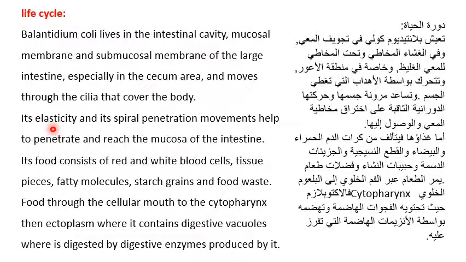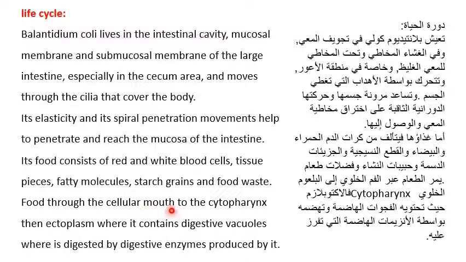Its elasticity and its spiral penetration movement help it to penetrate and reach the mucosa of the intestine. Its food consists of red and white blood cells, tissue pieces, fatty molecules, starch grains, and food waste.